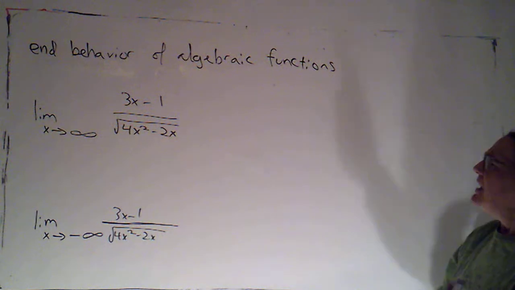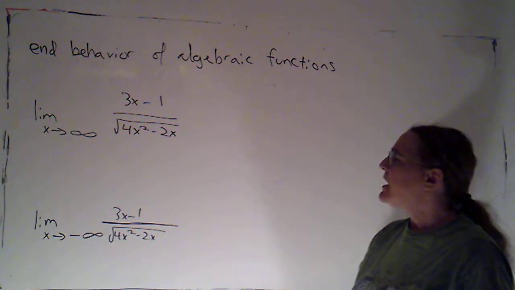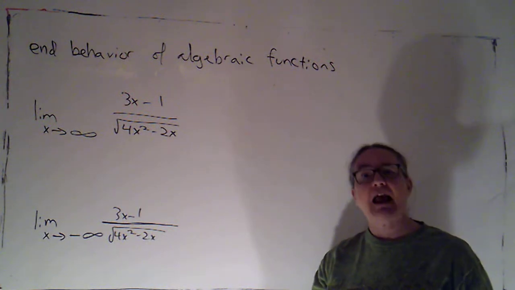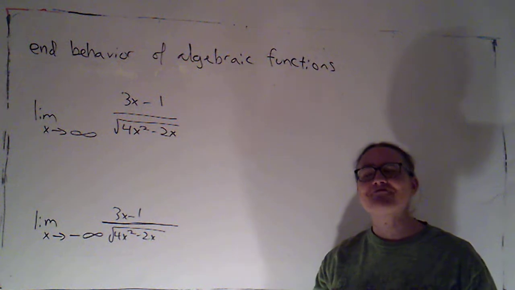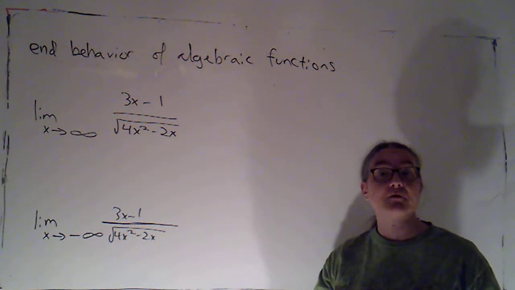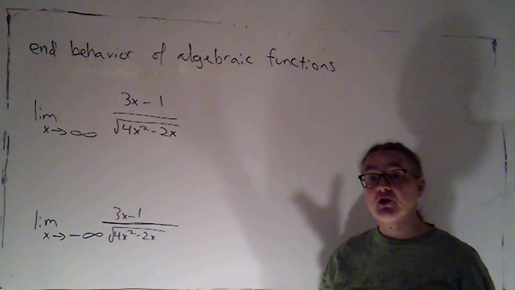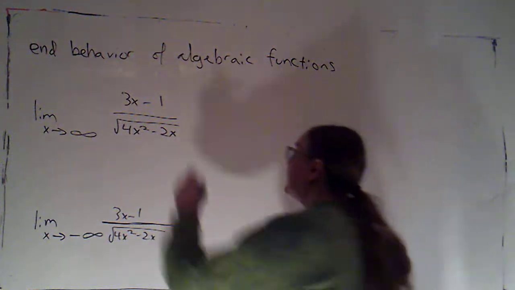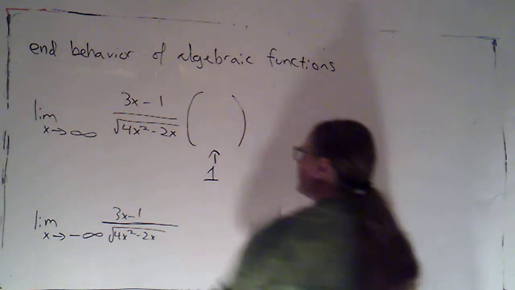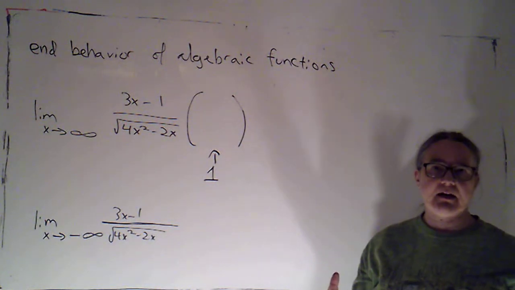Okay. So how do we actually go about evaluating these limits? Well, we're going to employ the same basic strategy that we used for rational functions. We just have to modify things to account for the presence of the roots. So I'm going to multiply my function by 1 in the form of, now with rational functions, it was the reciprocal of the biggest power of x in the denominator.